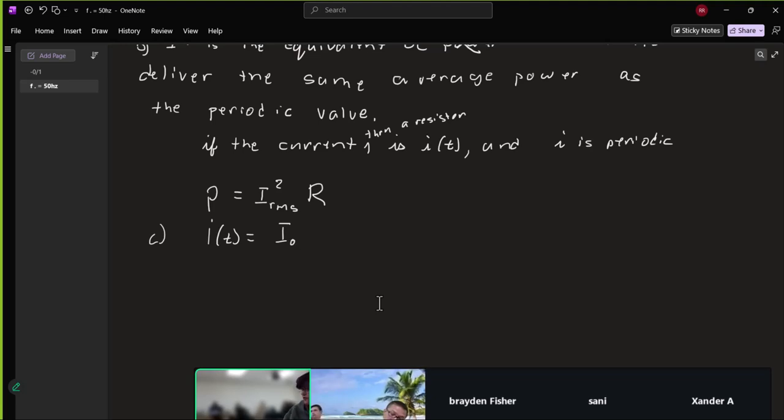We could say 5 or 1, but we're just going to use a constant. And so we'll write I RMS equals the square root of 1 over T times the integral from 0 to T of I naught squared dt.